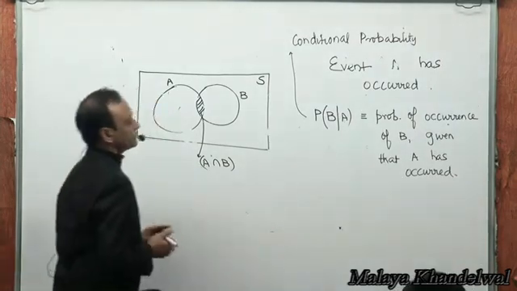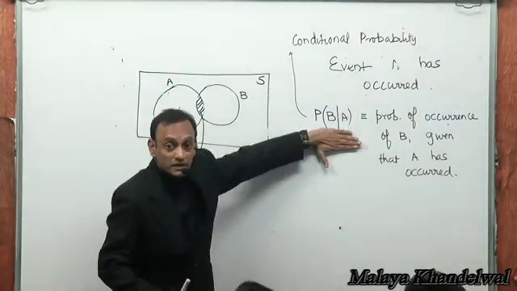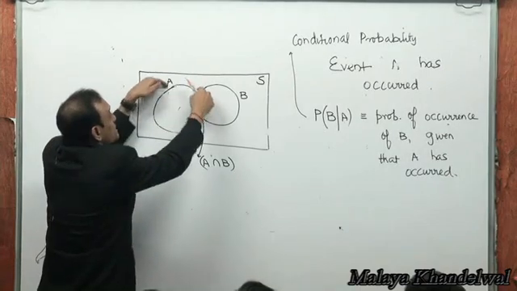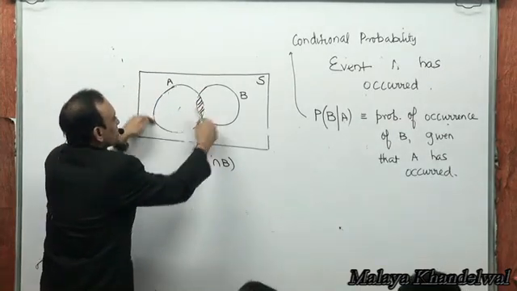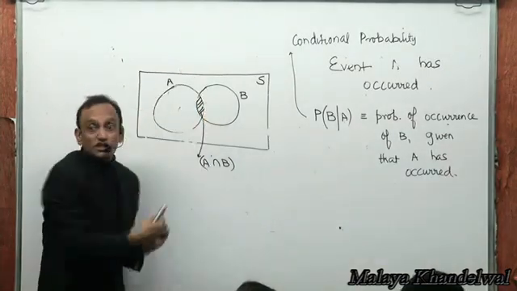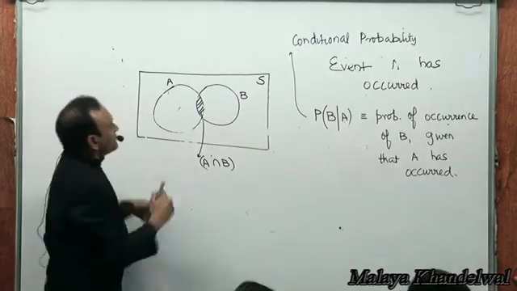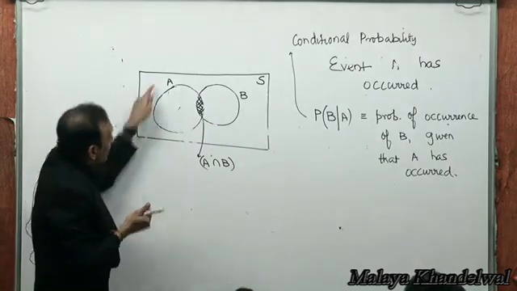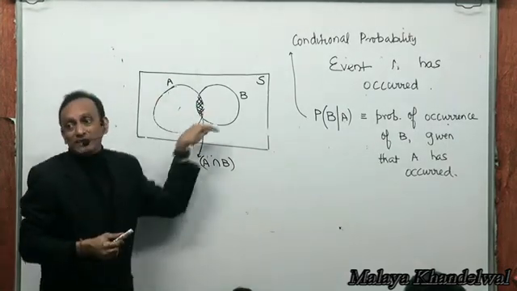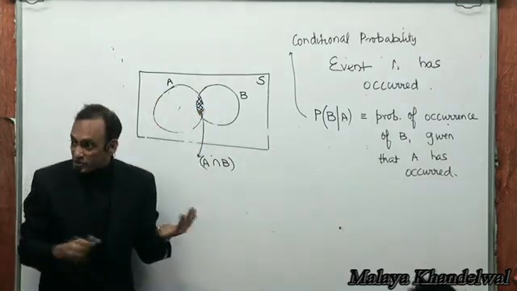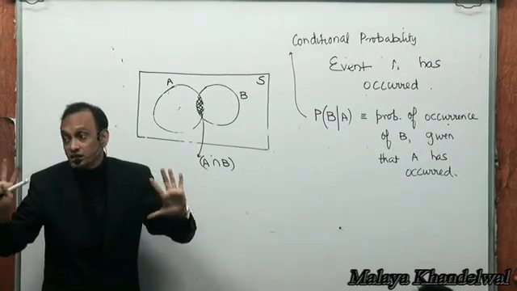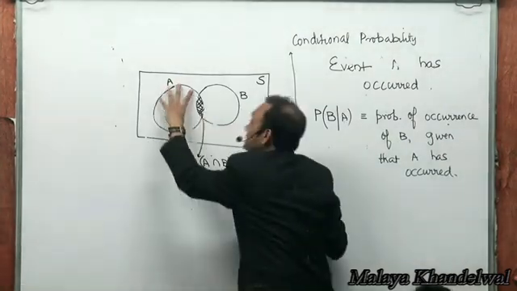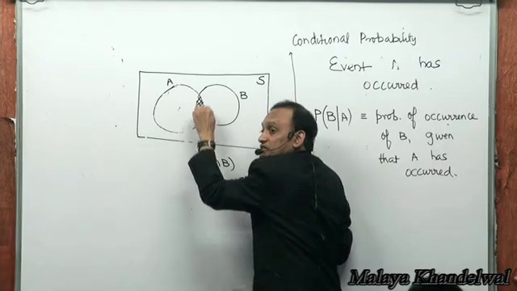Very clearly then, for this probability, this is my sample space. Do you realize that? And this is the favorable region. This is my redefined sample space, because A has occurred. So this then is my new sample space and this is my favorable region.